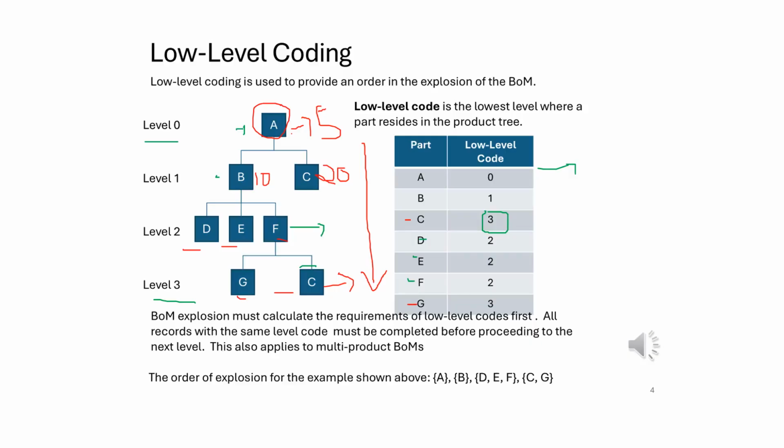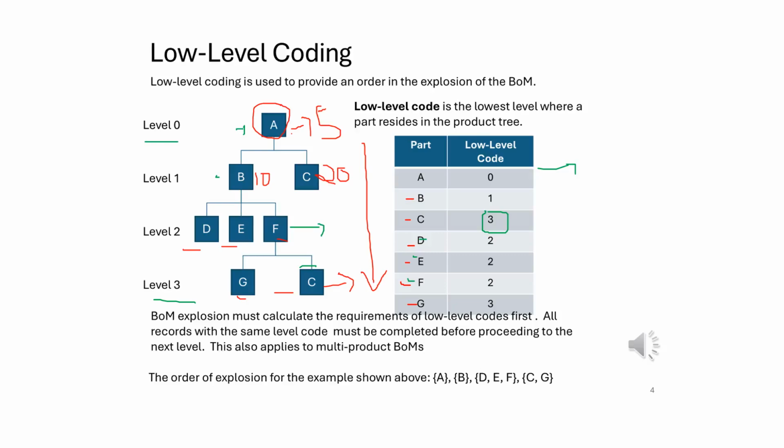So we first calculate the MRP for A, then we calculate the MRP for whatever is there at the next level, which is level 1, which is only B. So then we do B. After we do B, we can now do the MRP for components at level 2, which is D, E or F. And we can draft this MRP in any order.